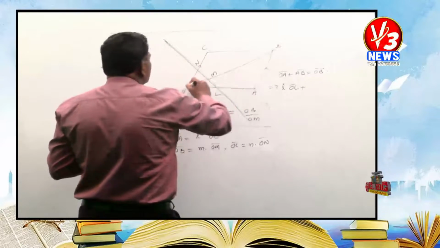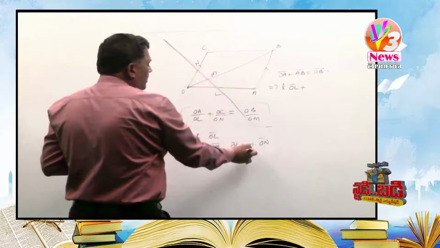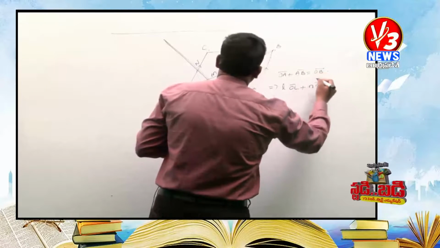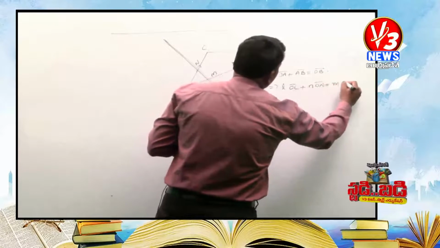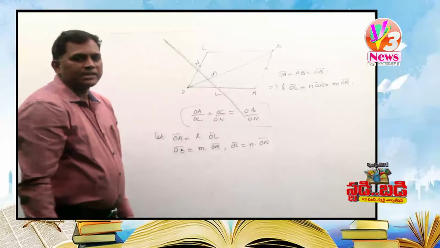AB bar is replaced with OC bar, and OC bar equals N ON bar, equals OB bar, which is some M into OM bar. Is it clear to all of you?